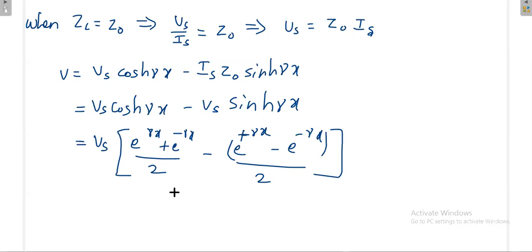Which term will cancel? This is plus, this is minus. The positive gamma term will cancel very clearly. If you apply the mathematics, V is equal to Vs e power minus gamma x.